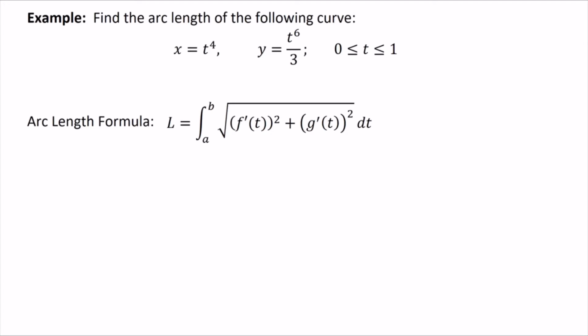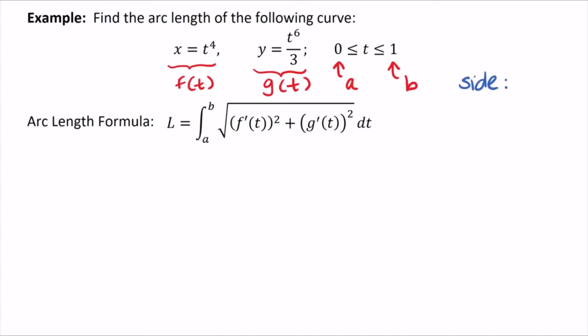Recall that the arc length formula for parametric curves says that the length L is equal to the definite integral from a to b of the square root of the quantity f prime of t squared plus g prime of t squared dt. This is where f of t refers to x equals t to the fourth, and g of t refers to y equals t to the sixth all over 3, a equals 0, and b equals 1.